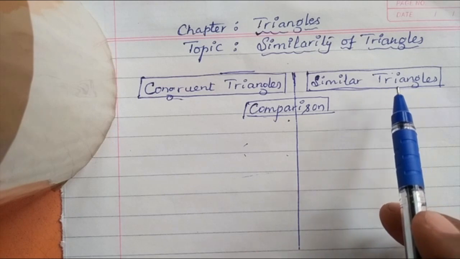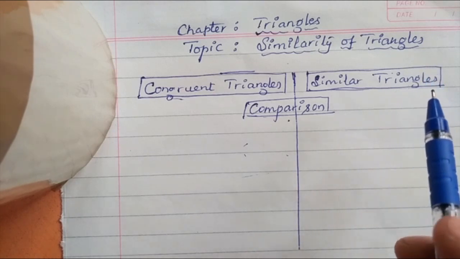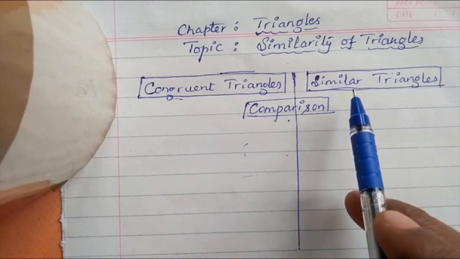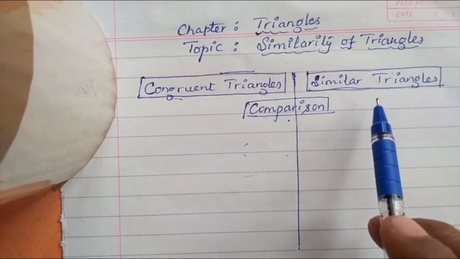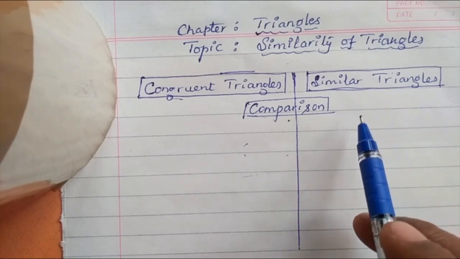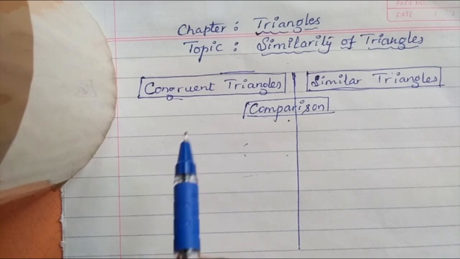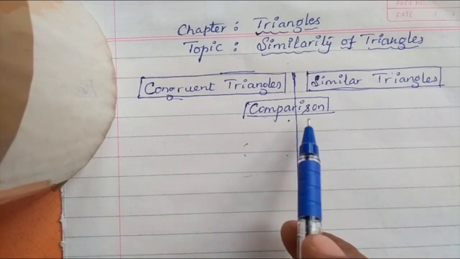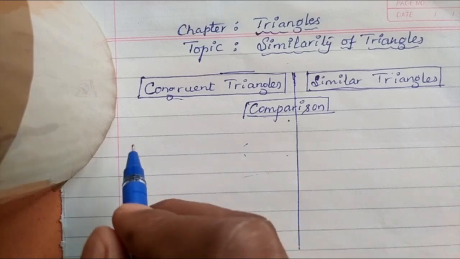Similarity is not only for triangles, you can use similarity for other polygons also, but in your 10th standard syllabus you have similarity of triangles only. So make a note of what similarity of triangles is. First we start with the comparison between congruent and similar triangles.